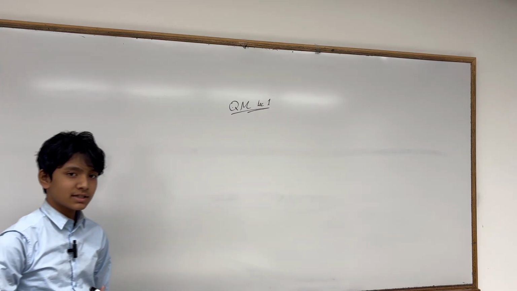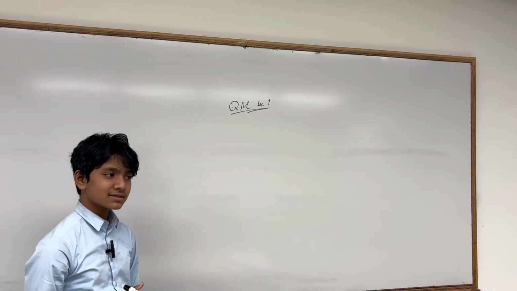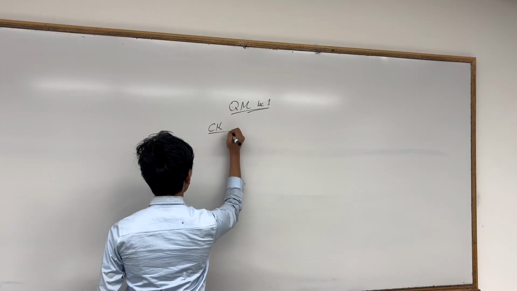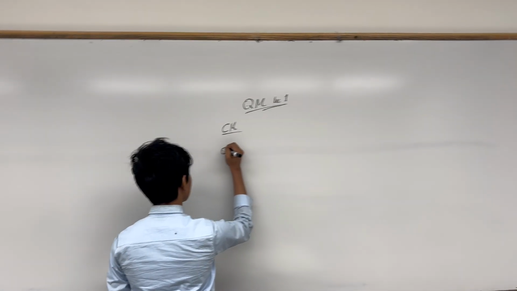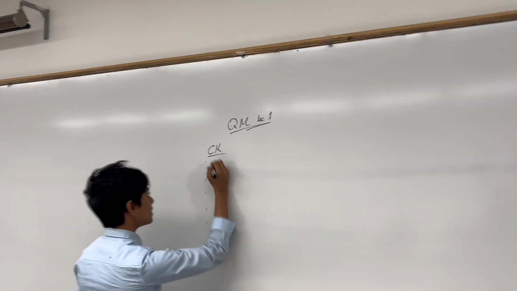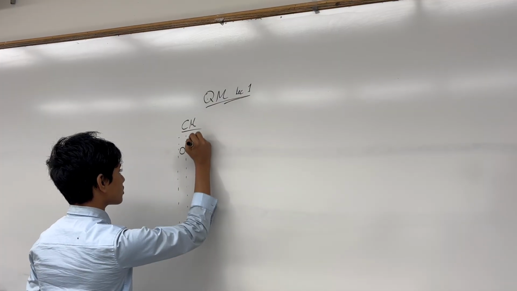So today we'll just get started with the basics of quantum mechanics. What do we call objects? Well, in classical mechanics, we start with a ball. Maybe this ball is constrained to one axis because that makes things simpler. So let's say it's only moving along the y-axis.